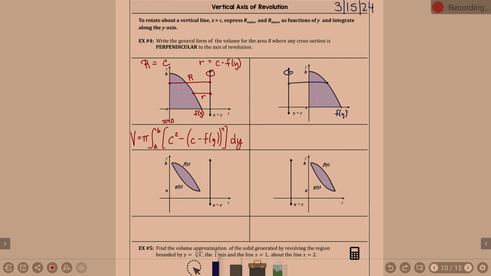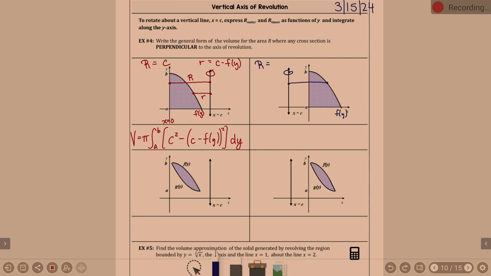And so when we talk about big R, how are you writing that? f of y minus c, or are you doing it plus instead? Like minus a negative. Minus a negative, so it turns into a plus.